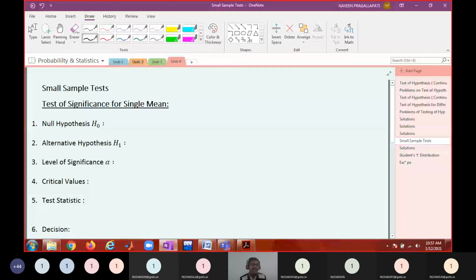So what is our null hypothesis? Do you recall? For single mean, mu equal to mu naught. Or mu greater than or equal to mu naught, which you don't see in books. Or else mu less than or equal to mu naught.